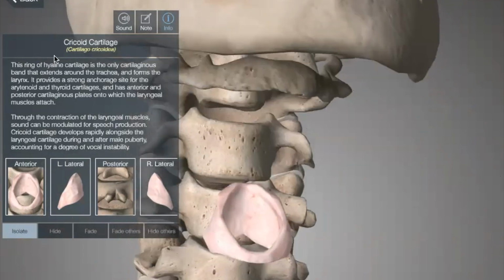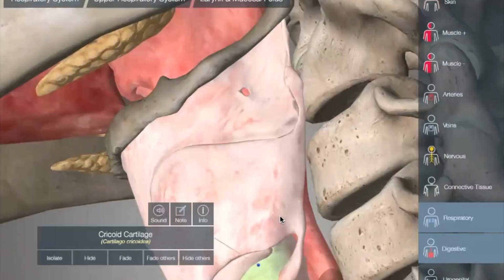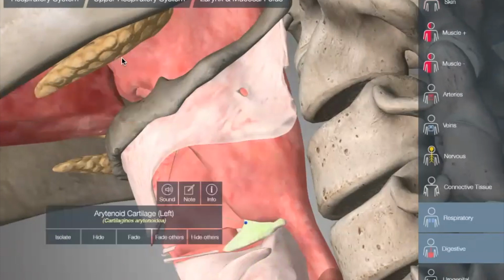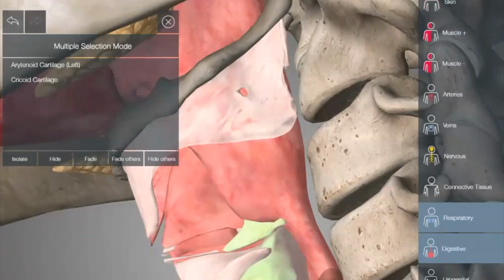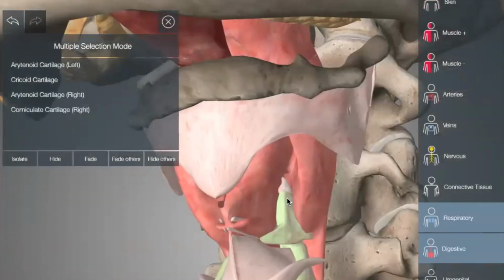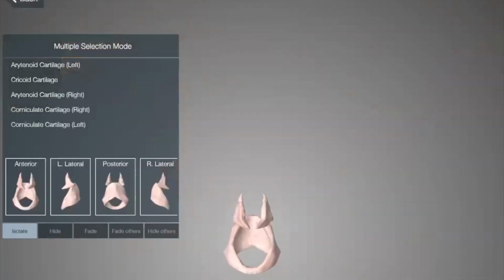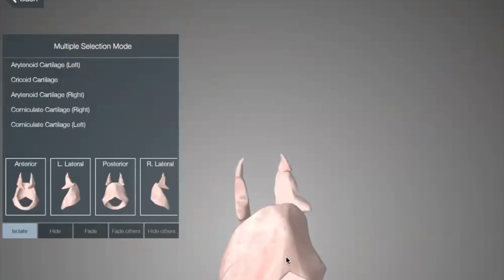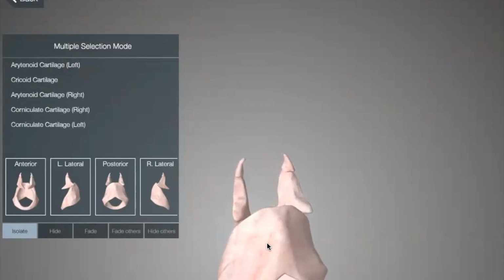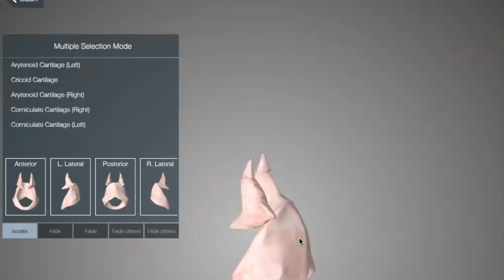Now, what is unique as well is I'm going to select another thing. Maybe let's do a multiple selection right there, because it's so important how we know the articulations of those cartilages together. See, it articulates with the paired arytenoid cartilages posteriorly, and it provides an attachment of the inferior horns of the thyroid cartilage.